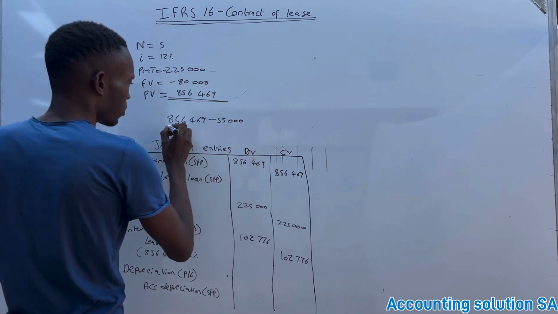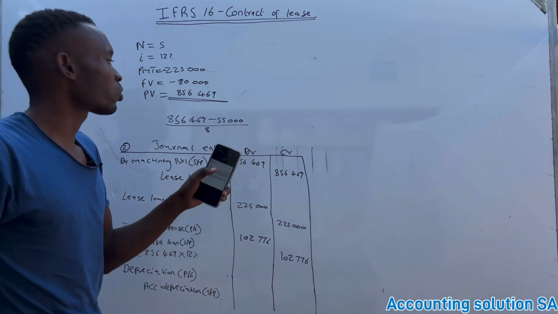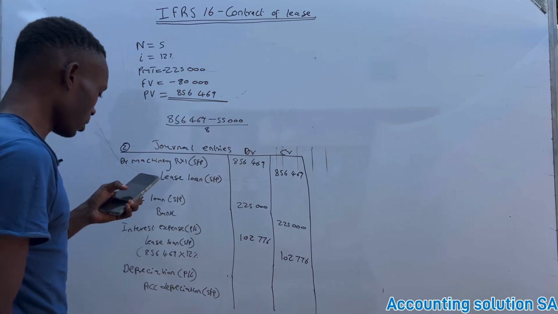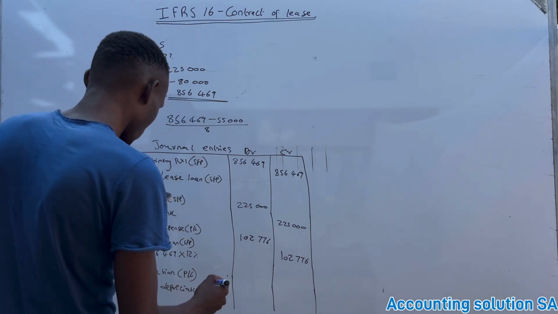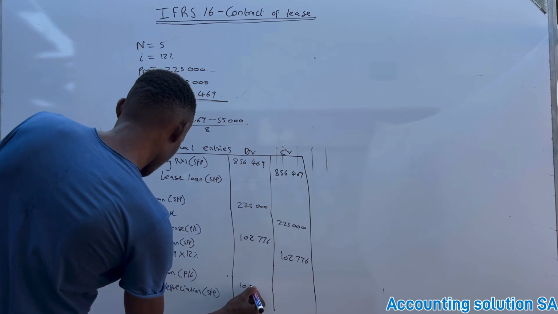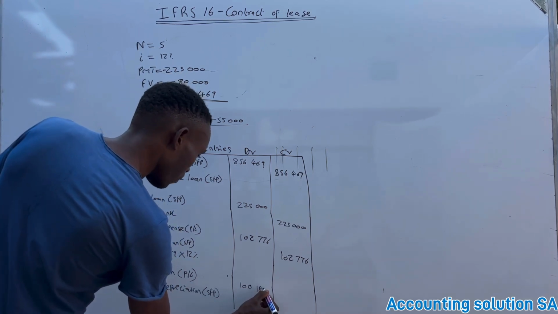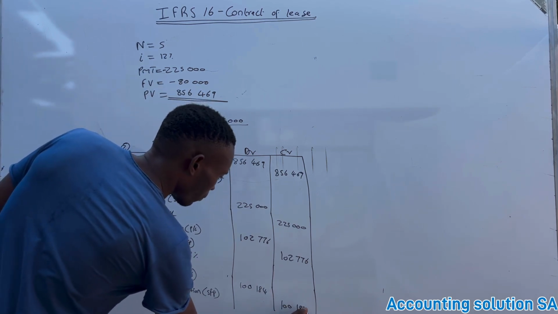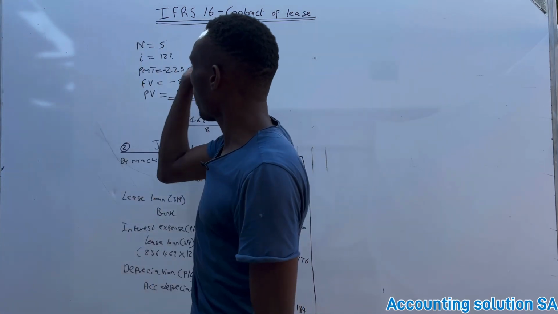But if the chance was less than 50%, we were not going to consider this residual value. Then if you do this calculation, you will simply get an amount of 100,184. That's how you should account for IFRS 16.